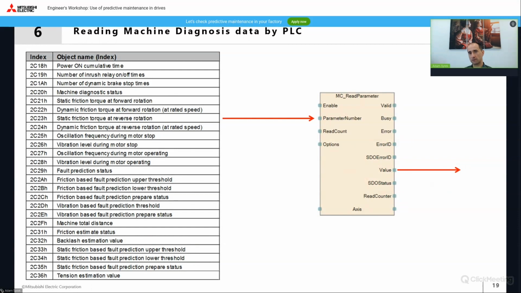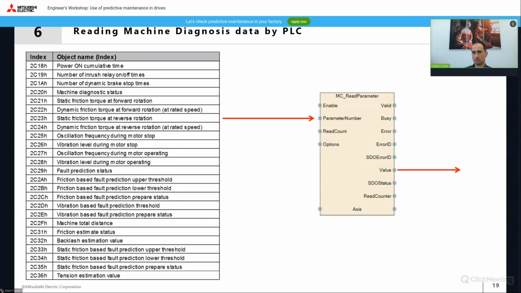Sometimes we can also use this data, like the estimated friction and estimated vibration, to log it in our systems and measure the trends on our side. So we can use the intelligence in the amplifier to let it judge the level of the vibration or the level of the friction.